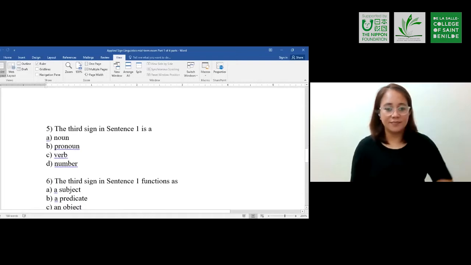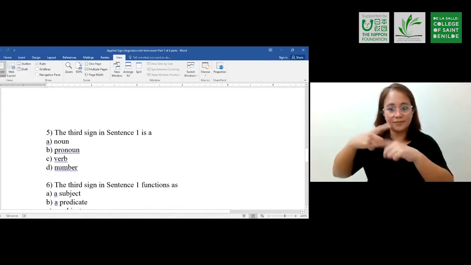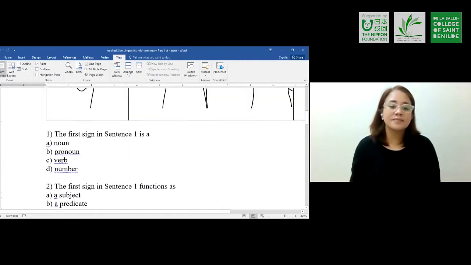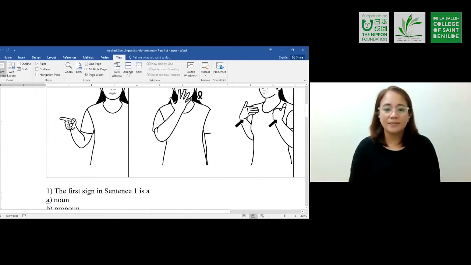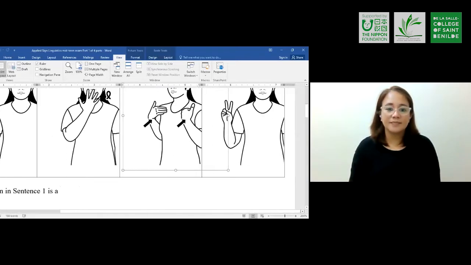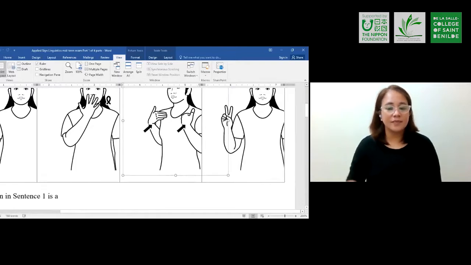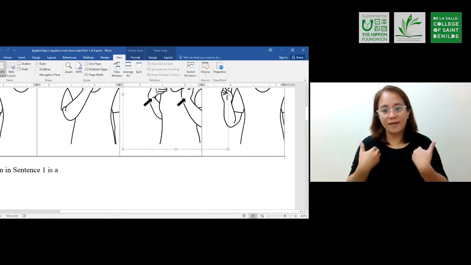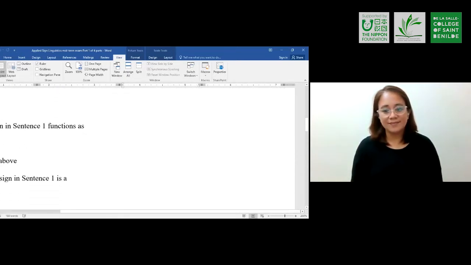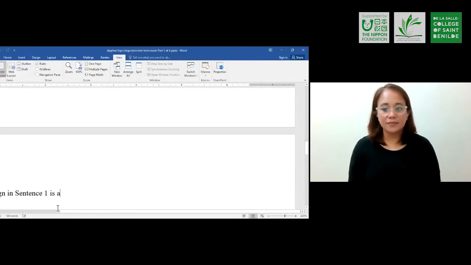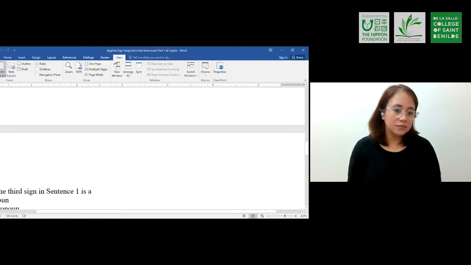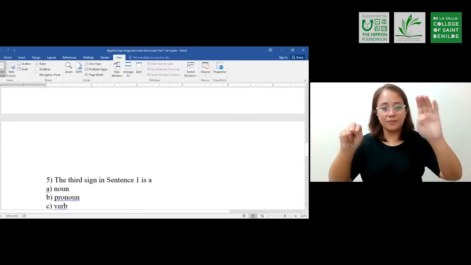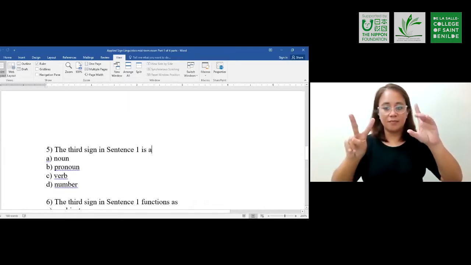Number 5, the third sign. Okay, let's get to the third sign so you can see it. The third sign, this one, have, is A, a noun, B, a pronoun, C, a verb, D, a number.